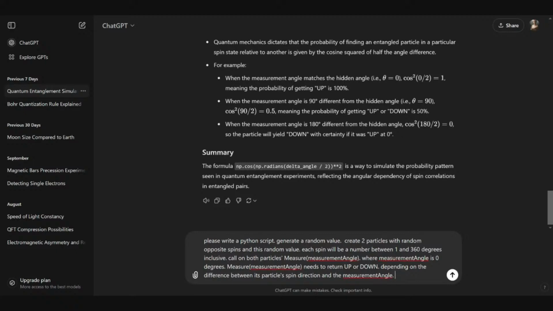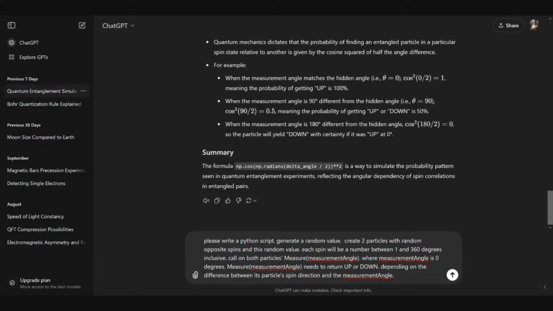So it should depend on the difference between its particle spin direction and that, but it should then pretend to flip a coin, and the answer to the coin flip is the random value.